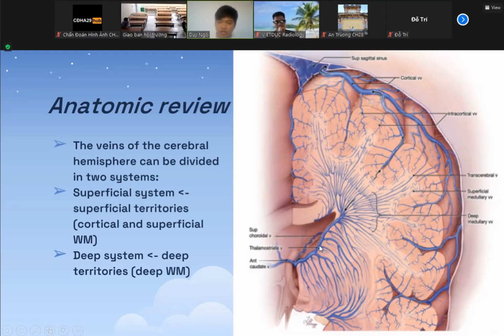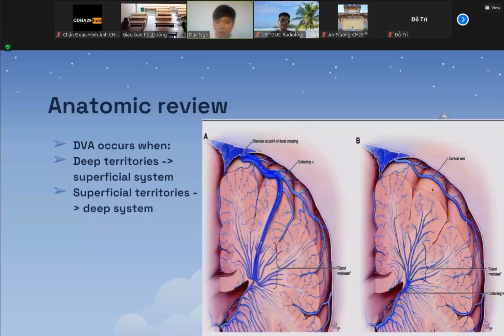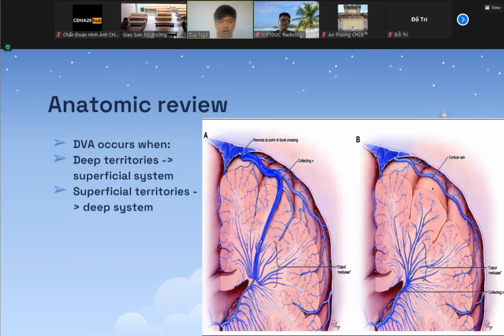That's the normal story, where the superficial territory drains into the superficial venous system, and the deep venous territory drains into the deep venous system. But what is DVA? DVA occurs when the deep venous territory drains into the superficial venous system, and the superficial venous territory drains into the deep venous system. You can see here this is the deep white matter, which converges into a point, drains into a collecting vein, and comes back to the superficial venous system.